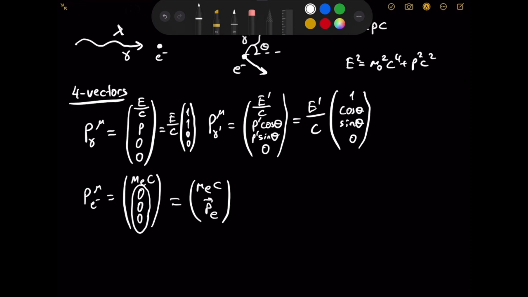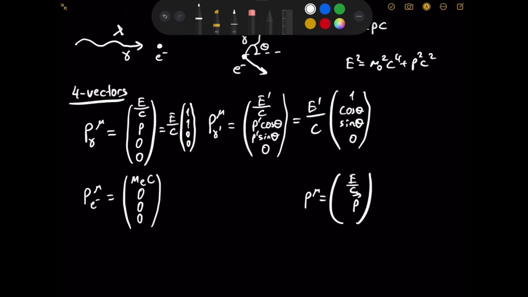In general, if you have a 4 vector, which is like energy over c, and then you have the momentum, right? If you do something funny about it, that is, if you take the first guy and square it, and if you subtract, so this is going to be, by the way, some weird dot product, which is sometimes called the Minkowski dot product. If you do this step, you will basically see E squared divided by c squared minus p squared, right? What is this equal to?